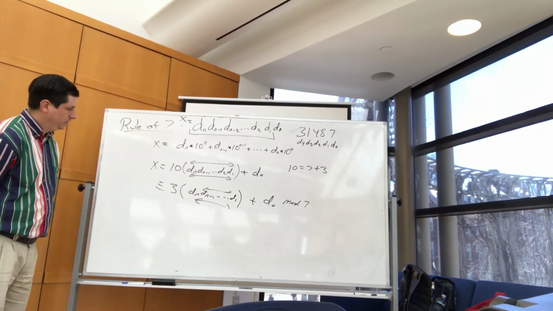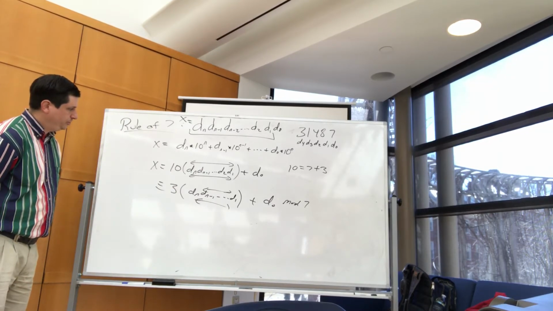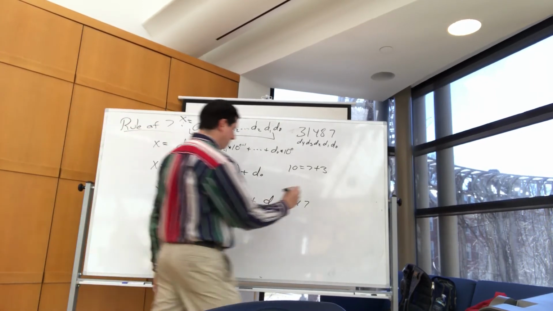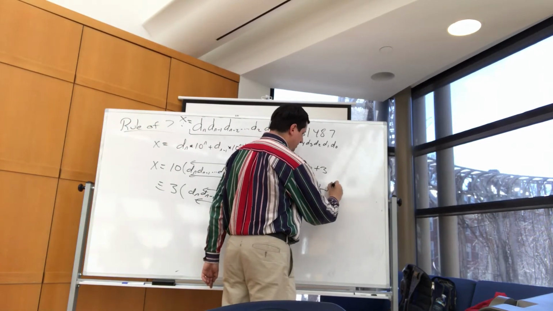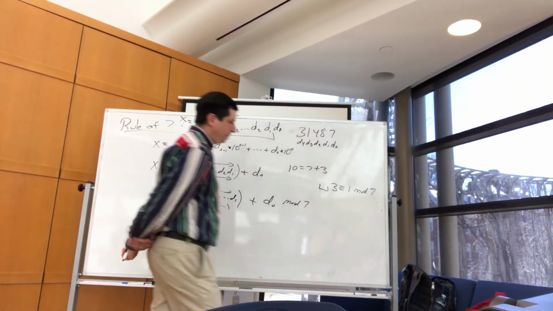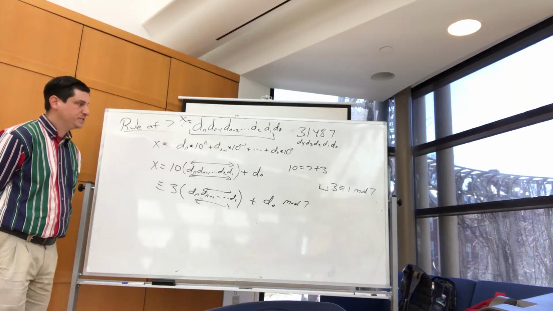Now, what I want to do is, what times 3 is equal to 1 mod 7? 5 times 3 is 15.